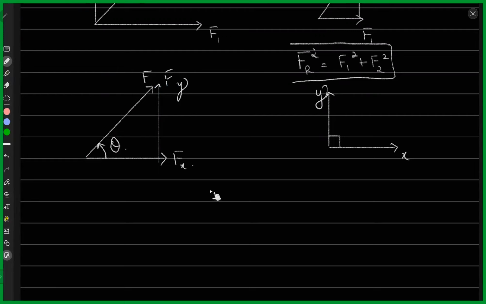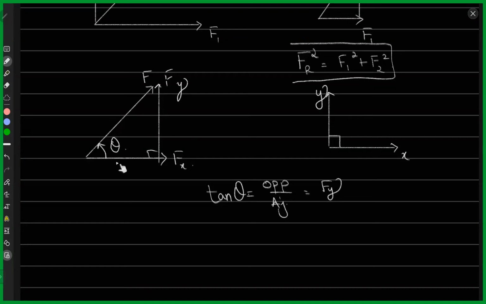I can write theta because I know that tangent theta, from mathematics, is the opposite side divided by the adjacent side, right? And in this case, what is opposite? Opposite is the side which is really opposite to this angle theta, which is fy. And what is the adjacent? It is this one.